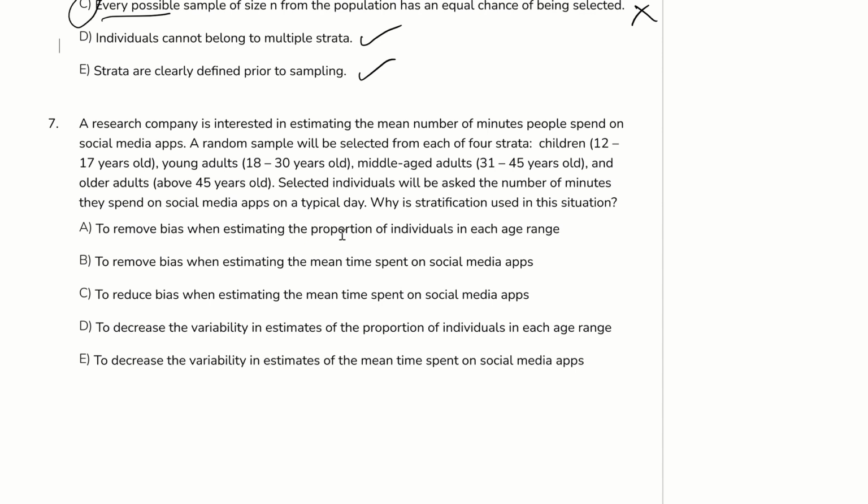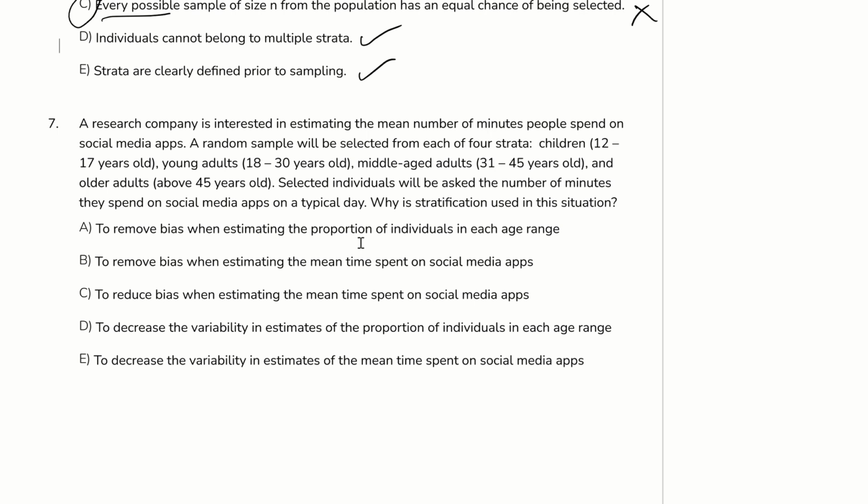To remove bias when estimating the proportion. Not necessarily, right? So it's not to remove bias. The idea is that you want to break them up so that you can get a better representation of each age group to see what their response is going to be like.